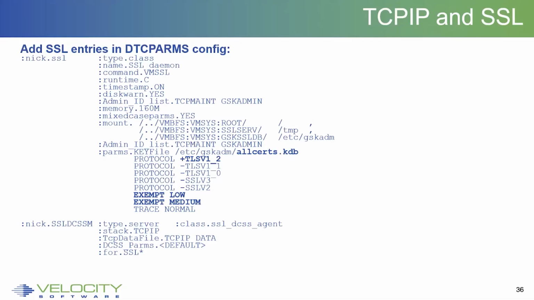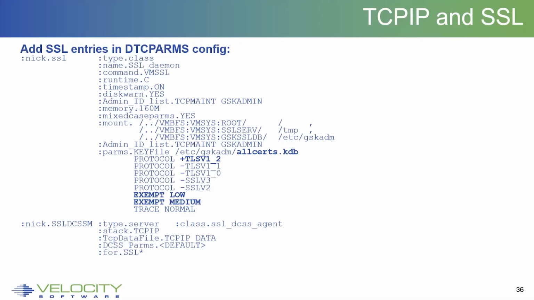We also exempt any low or medium grade ciphers. We only accept and use high graded ciphers. Again, ciphers that's a detailed topic, but this protects and makes sure that we're using the most and highest protocols and ciphers on our secure connections.